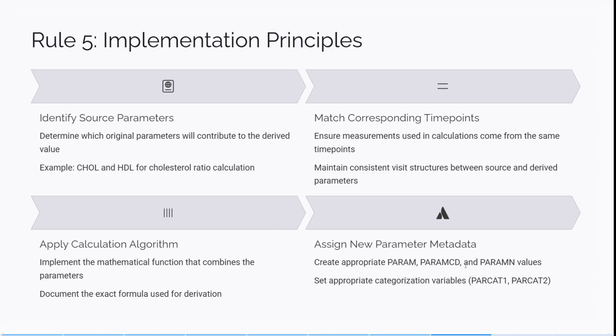Assign the new parameter metadata: create an appropriate param code and numeric form of parameter, and set the appropriate categorization variables, category of param 1, 2, etc. So these are the implementation principles for handling rule number 5 if you need to create a new parameter based on multiple parameters.